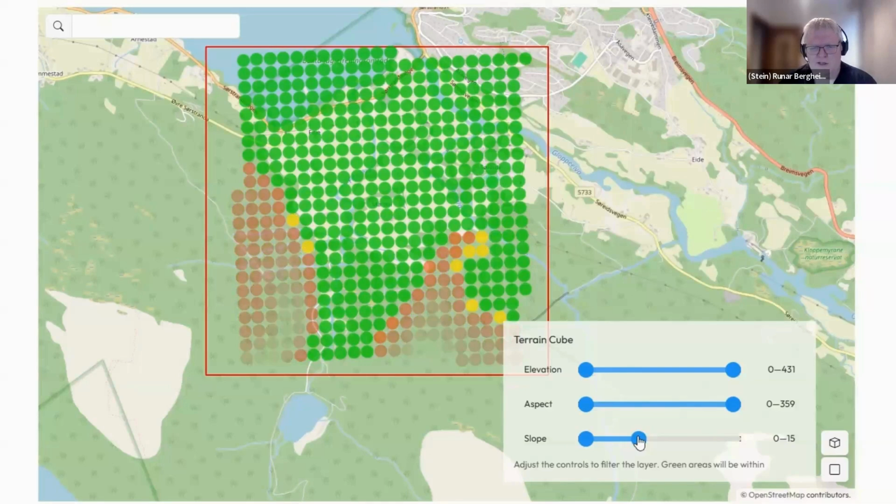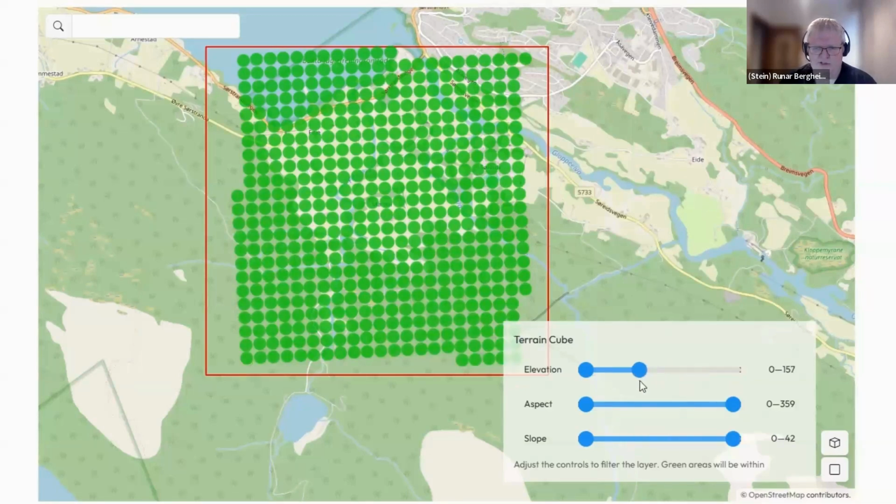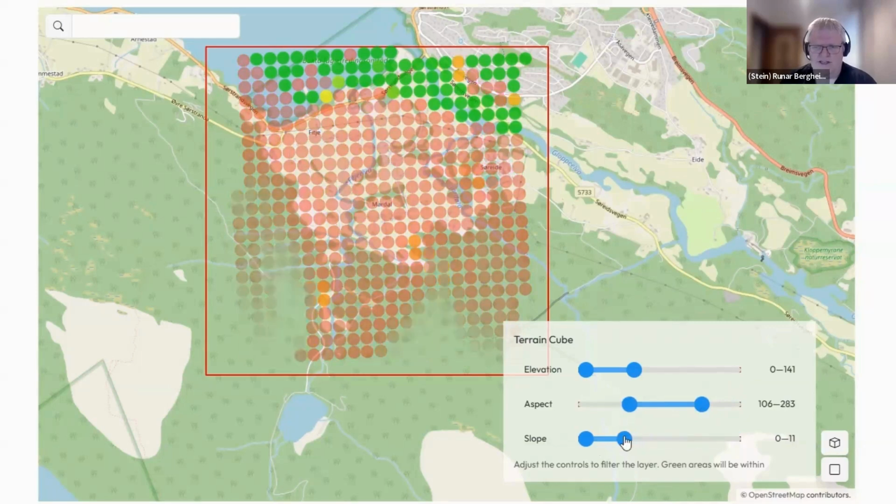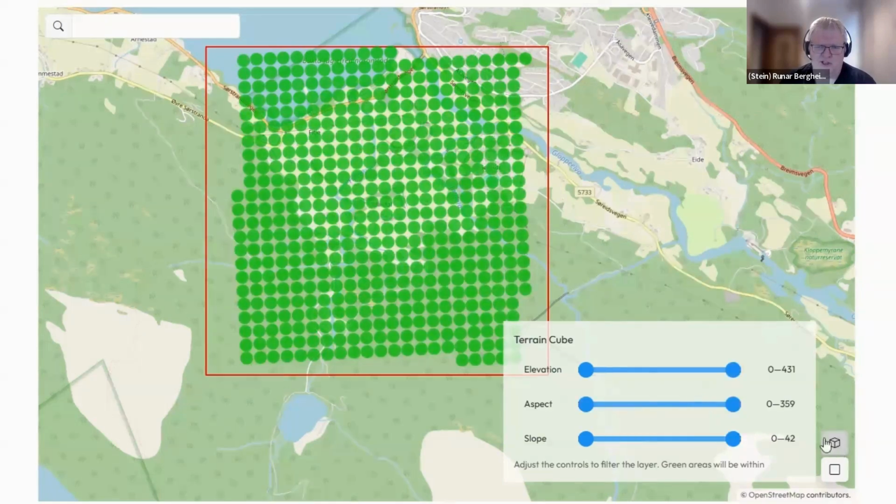So by adjusting these now, I can find all areas that are below 150 meters of elevation that face broadly south and that have a slope of less than, say, 11 degrees. And that tells me areas that are flat and that have a fortuitous exposure for my use case.